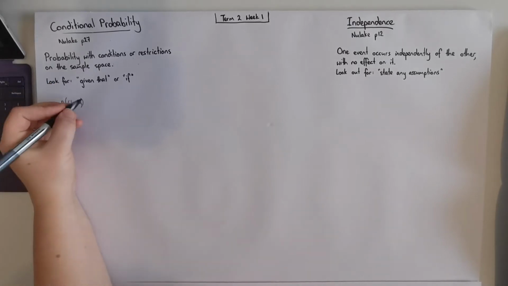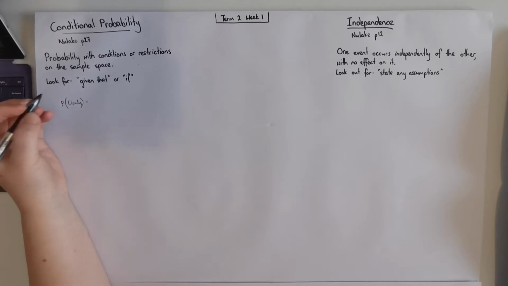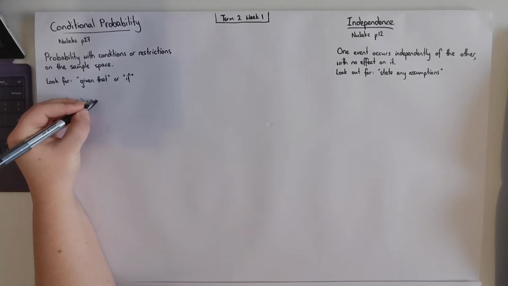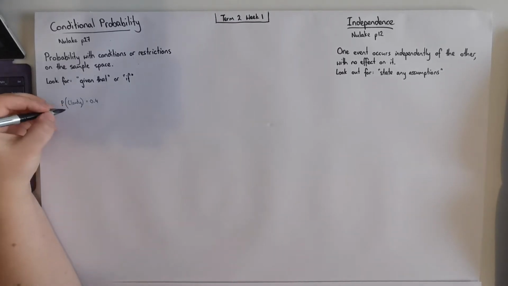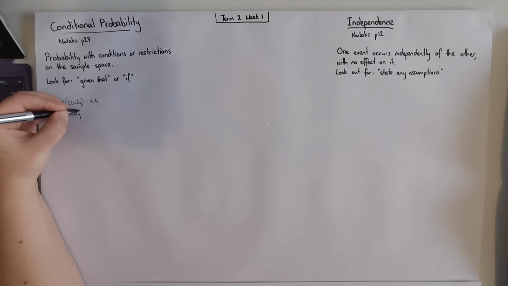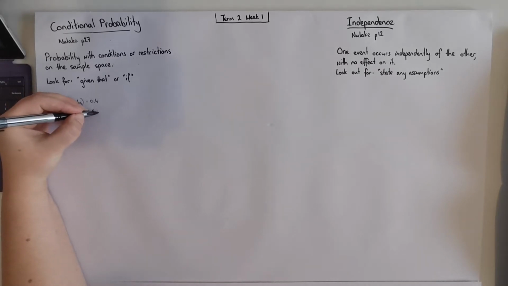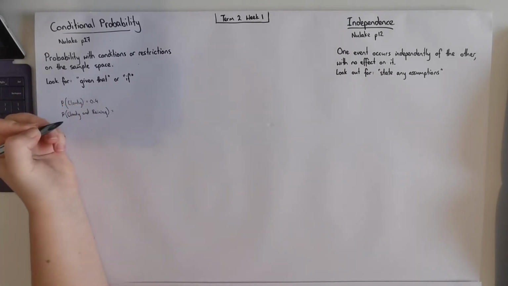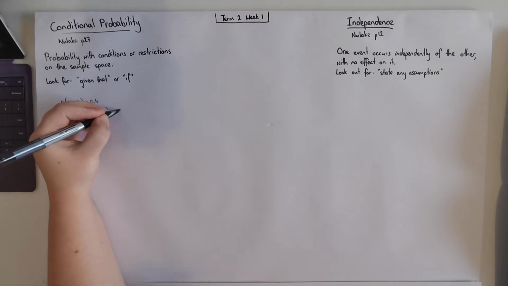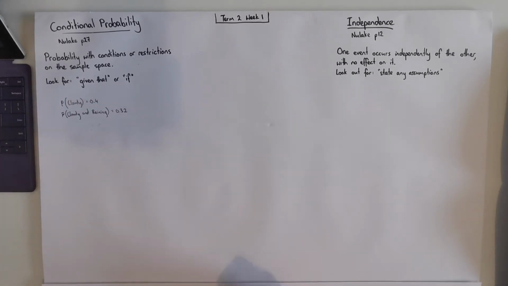Now, for the purposes of this example, we might say that that probability is 0.4. Now, of course, we need more information than that. So again, in this example, we might have the information that the probability of the weather being cloudy and raining, that probability might be, let's say, 0.32.